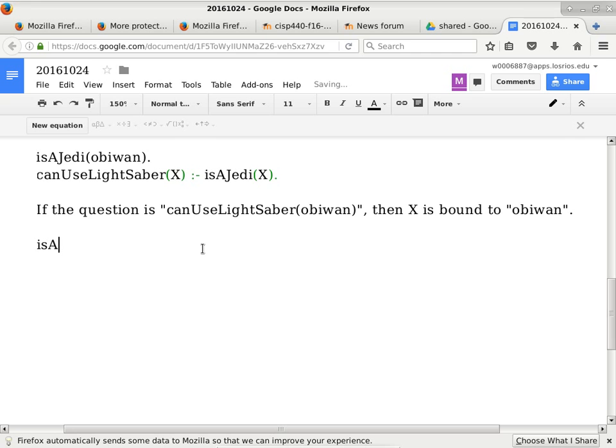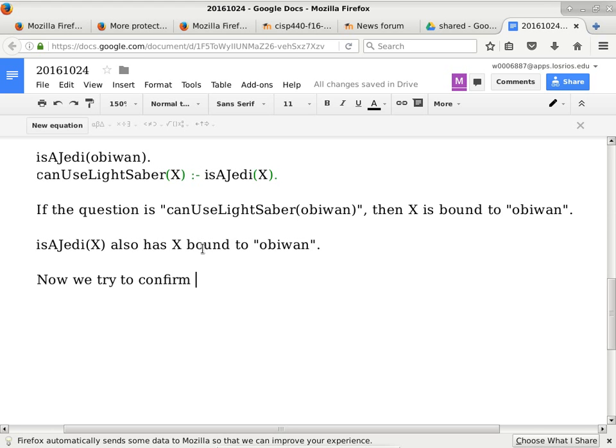So "is a Jedi X" also has X as a variable bound to Obi-Wan. Then we try to confirm that Obi-Wan is a Jedi.